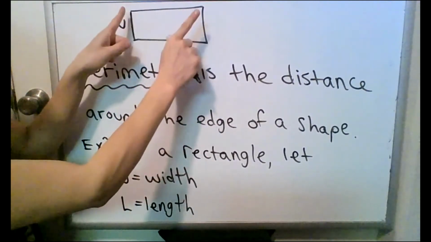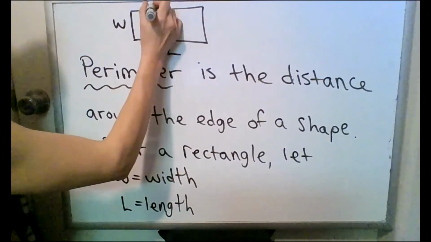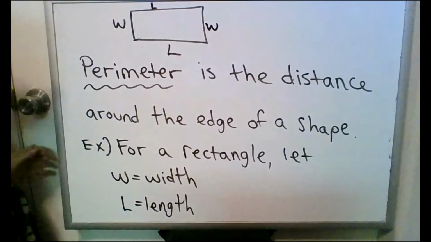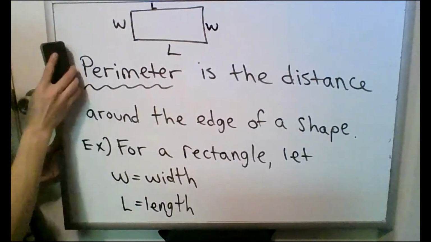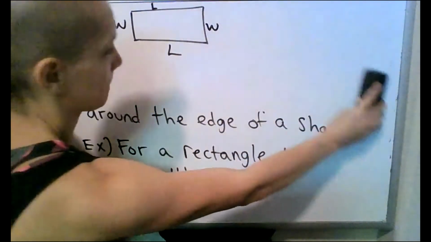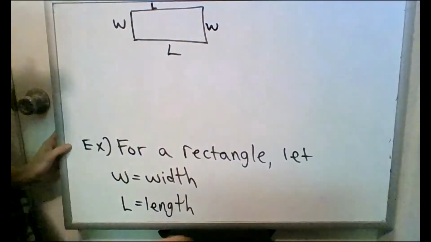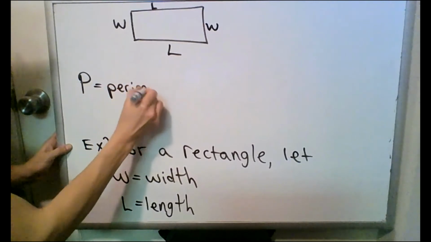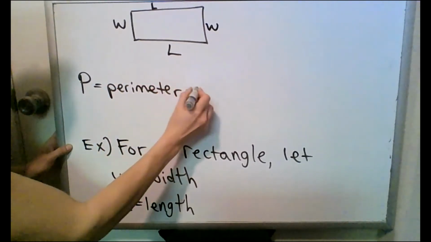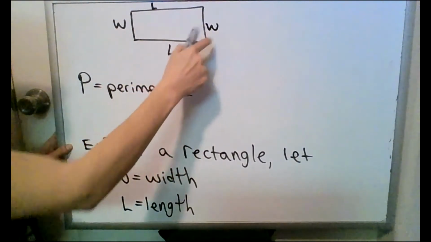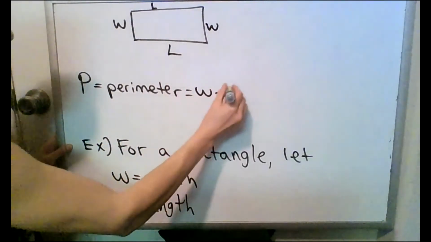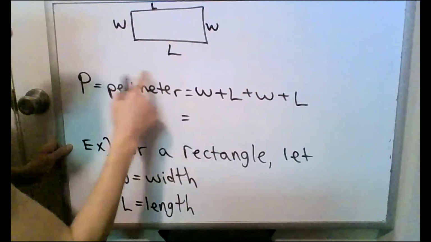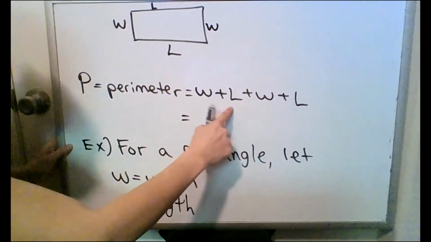This side is just as long as that side, so this is also length, and this is also width. And we're going to use P for perimeter. Okay, width plus length plus width plus length. So 2W plus 2L.